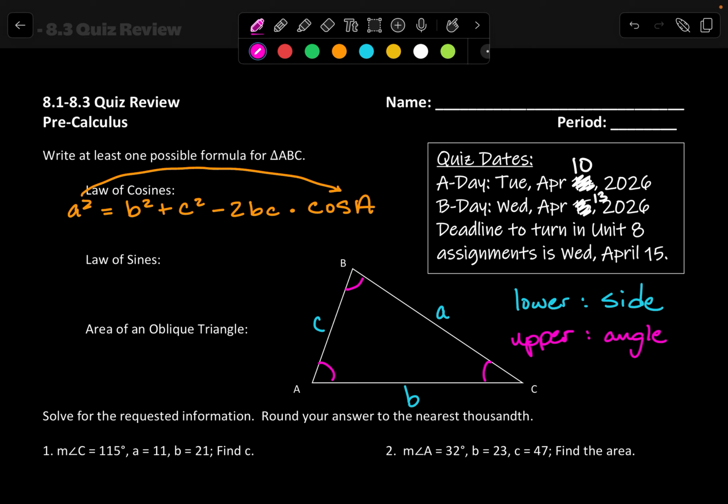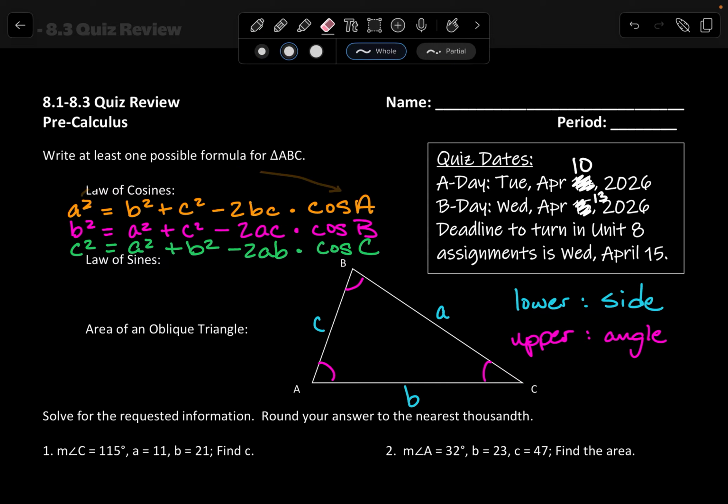So if we were to do this with B, it would look like this. And if we were to do it with C, it would look like this. So those are your options for law of cosines.